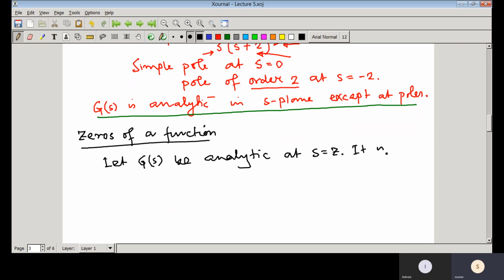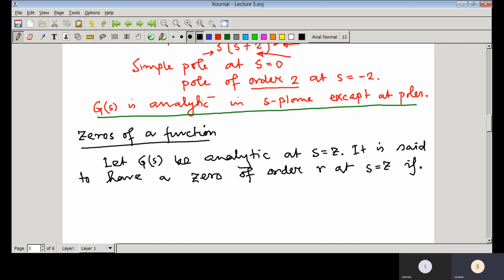It is said to have a zero of order r at s equal to z if the limit, similar to the definition of pole, as s tends to z of (s minus z) to the power minus r times G(s), is finite and non-zero.